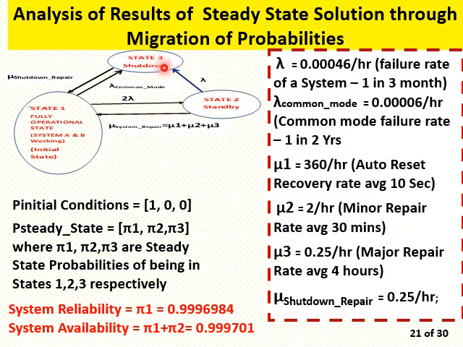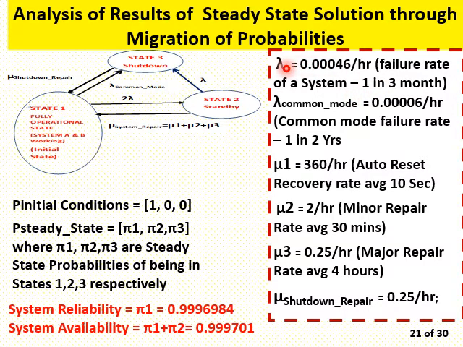transition rates labeled here. Lambda is one transition rate, lambda is another transition rate, and lambda shutdown is another transition rate. If you look at the table here, you can see the failure rates, lambda equal to 0.0046 for system failure and for a common mode failure when both system A and system B fail, are very low.